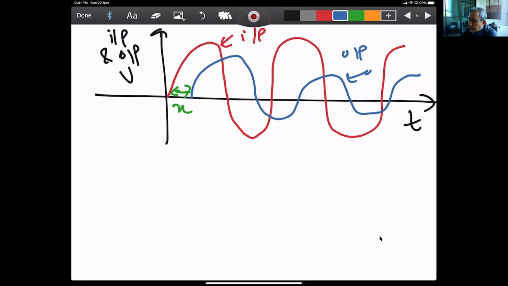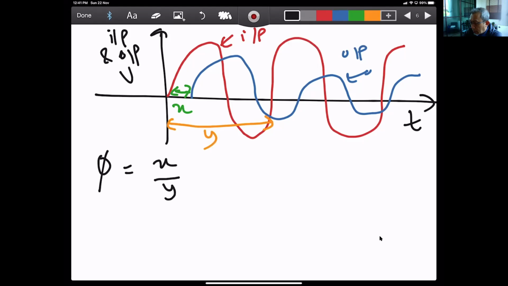So X is the difference in phase between the input and the output. And the other one, the one cycle of input, is Y. One cycle of input. So phase shift is equal to X divided by Y multiplied by 360 degrees or 2 pi. So it can be negative, it can be positive.